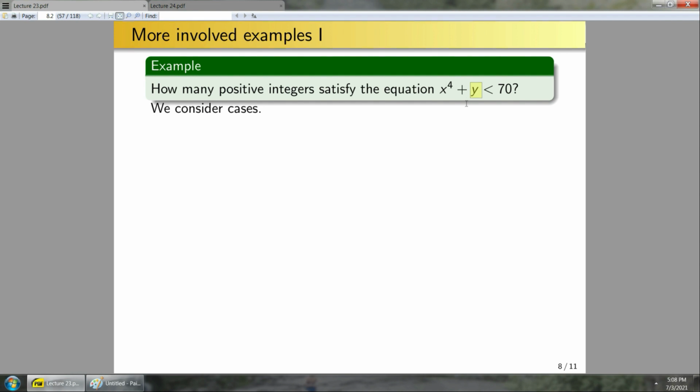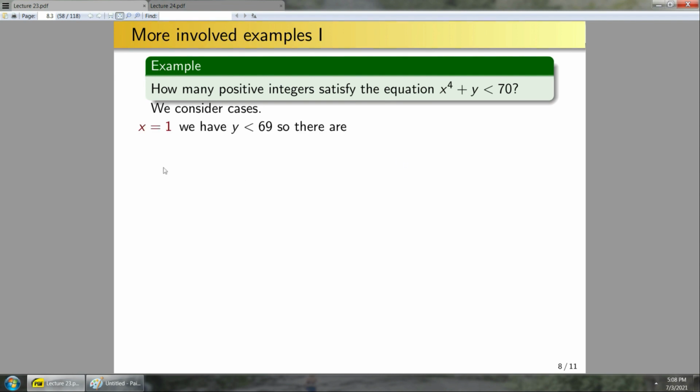Whereas if I did case analysis on x, whenever I plug in a number for x, I take it to the fourth power, so that dramatically decreases the number of cases I need to consider. So let's do case analysis on x. In general, when doing case analysis, you should carefully consider what you want to do cases on.